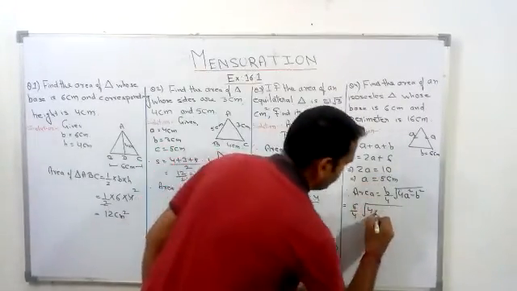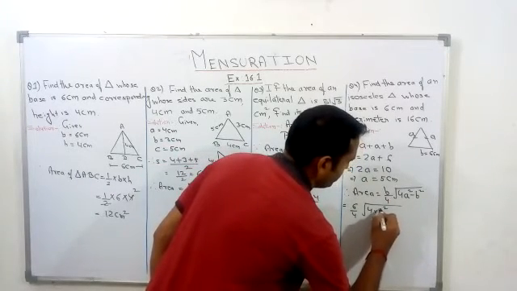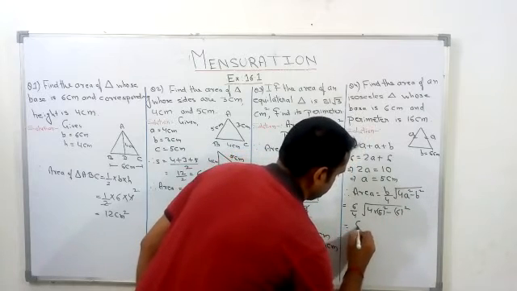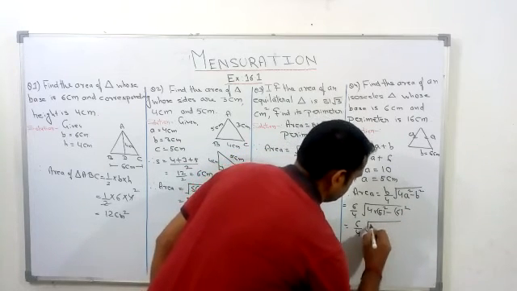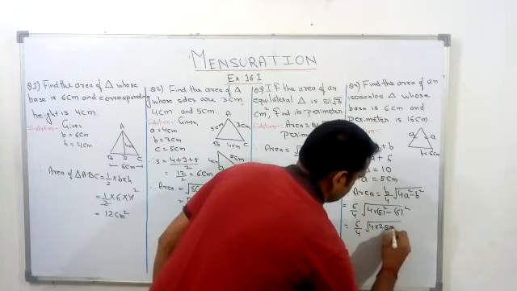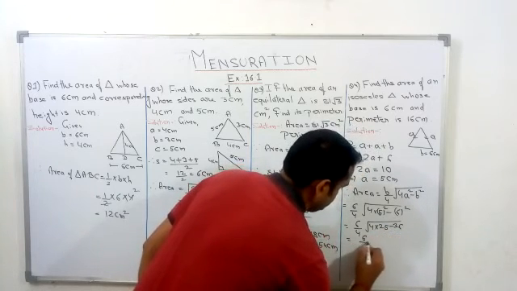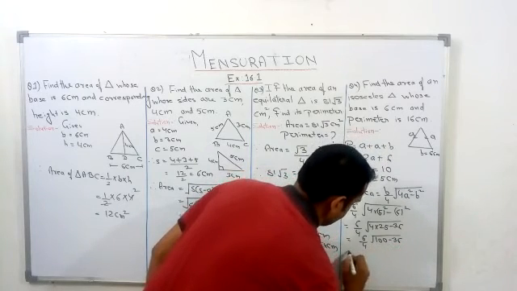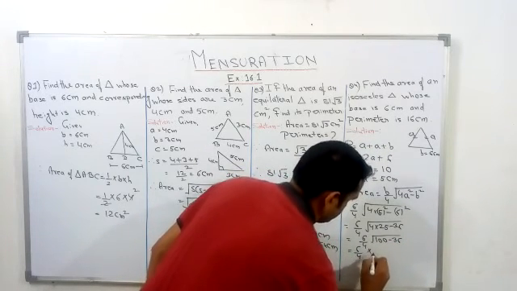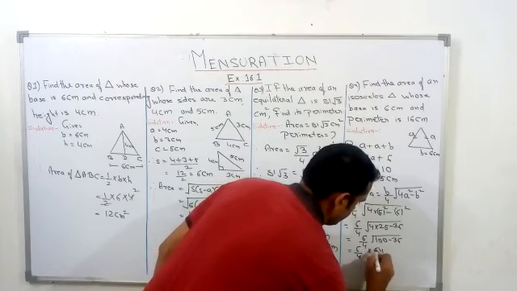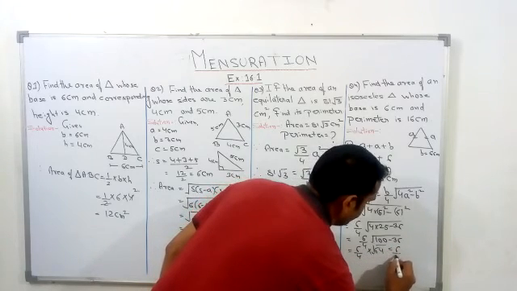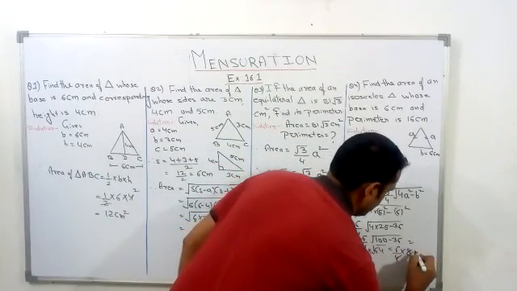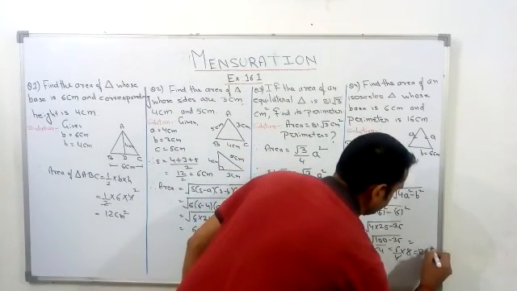What is the A? 5. 5 square minus 6 square. Equal to 6 by 4 into 8. Answer will be 12 centimeter square.